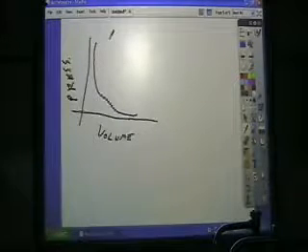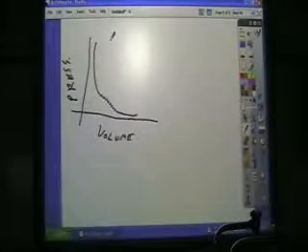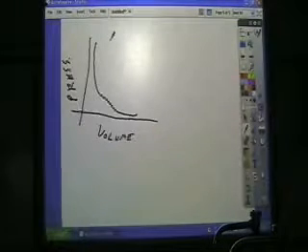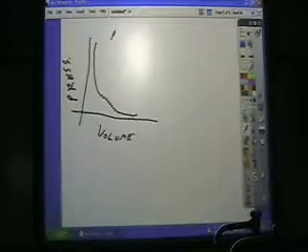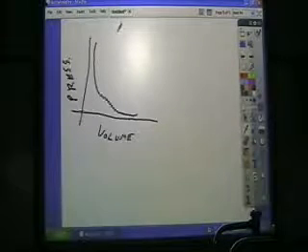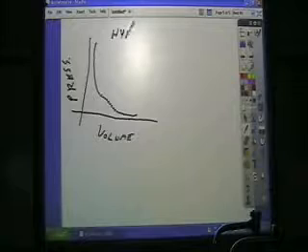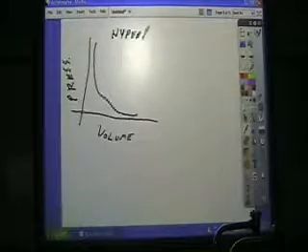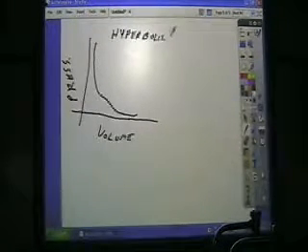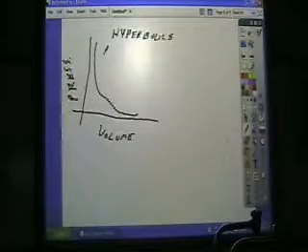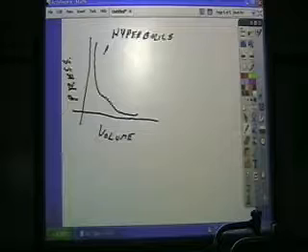Why is it I can never find it in my notes when I need it? It's not a parabola. Hyperbola. Right? Isotherms are always going to have a hyperbolic shape. There. All right. It's going to have a hyperbolic shape, or the shape of a hyperbola.